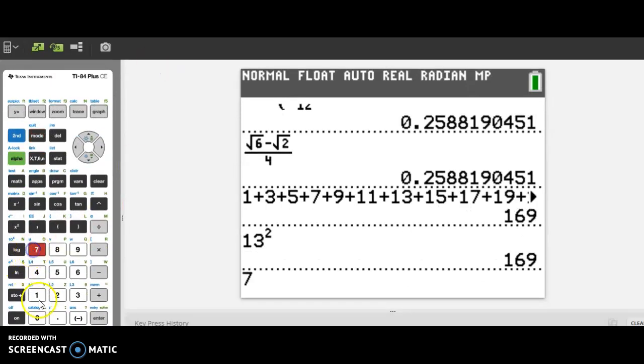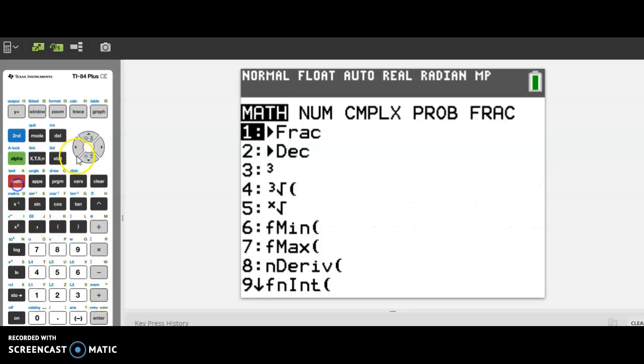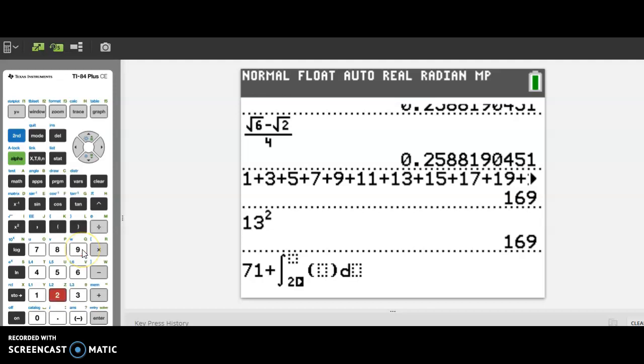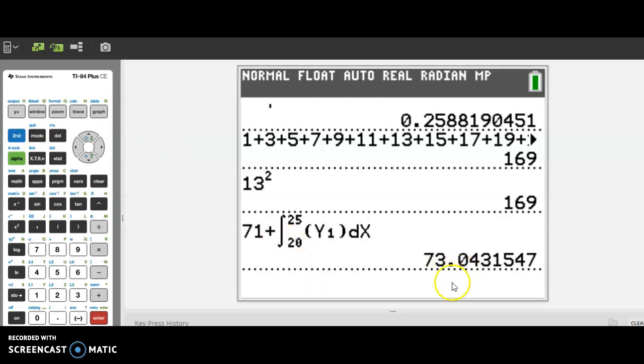I have 71 plus math, the integral is the ninth option down, from 20 to 25 of alpha trace Y1 in terms of x. And according to that integral, or that rate, it increased another 2.043 degrees.